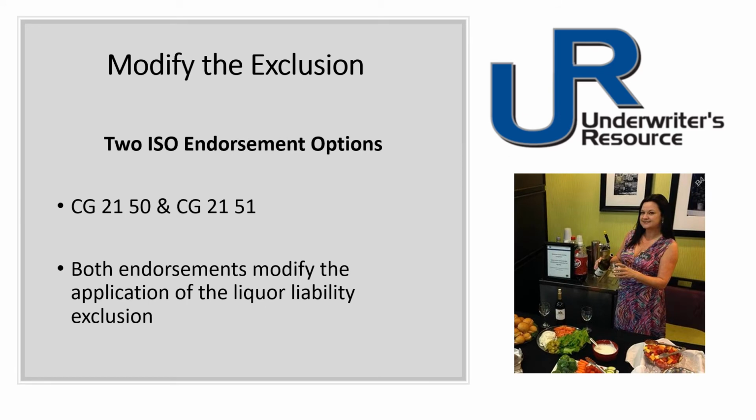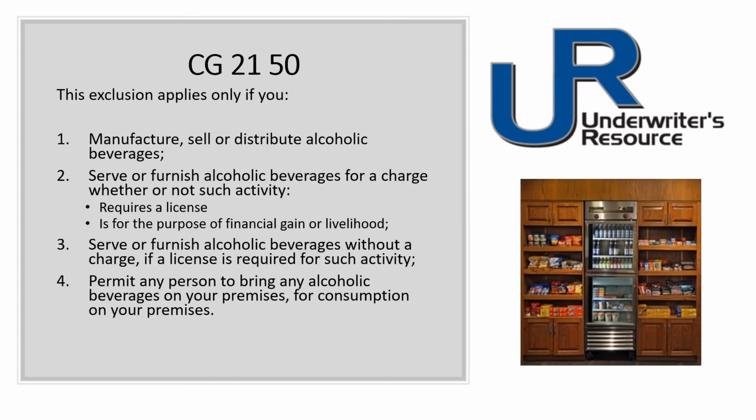The third option would be to modify the exclusion, and ISO provides a couple of endorsements to try to achieve that. One endorsement is CG 2150, the other is CG 2151, and we'll talk about both of those endorsements in a moment. But both endorsements modify how the liquor liability exclusion is applied. CG 2150 modifies how the liquor liability exclusion applies. It applies, number one, to manufacturers, sellers, and distributors of alcoholic beverages.